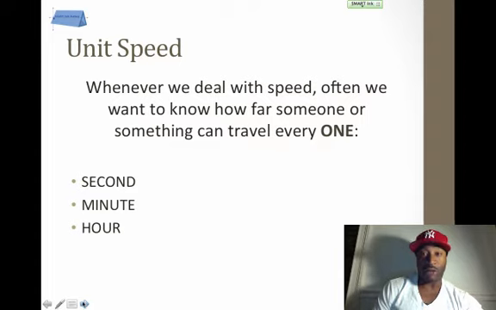If a jogger or an Olympic runner is running a race and he finishes the race in, let's say, 9 seconds, with unit speed, we're not concerned about the 9 seconds. We want to know how far he traveled every 1 second. Okay, so get the concept of one or per one, for every one, in your mind. Unit speed, unit rate, unit cost deals with one.